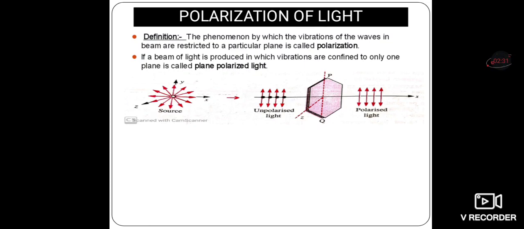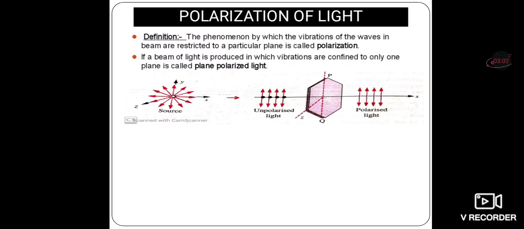So coming to the second diagram, that unpolarized light, same thing we have taken, but the first diagram is the top view of that unpolarized light, and in the second diagram, the unpolarized light is the front view. The vertical lines represent the parallel vibrations, and the black dots represent the perpendicular vibrations.